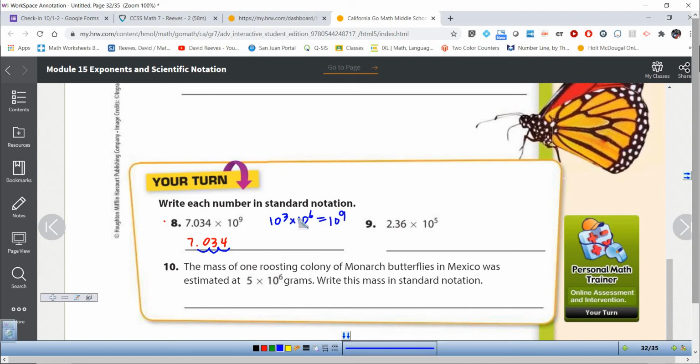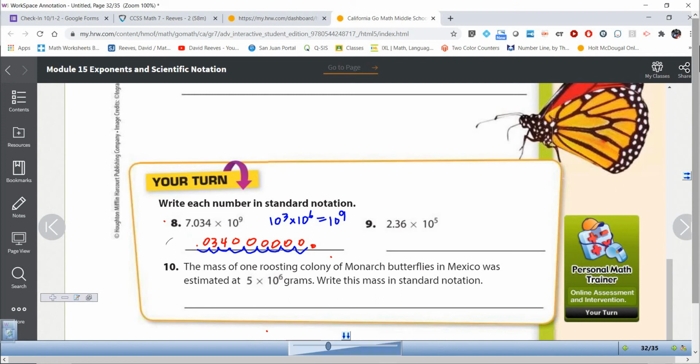We just learned that with our exponent rules, right? So I need to go 6 more places. 1, 2, 3, 4, 5, 6. And that's where my decimal is going to go, right? I should probably make my decimal point red. And what do I do with all those empty spaces? I fill them with zeros, okay?